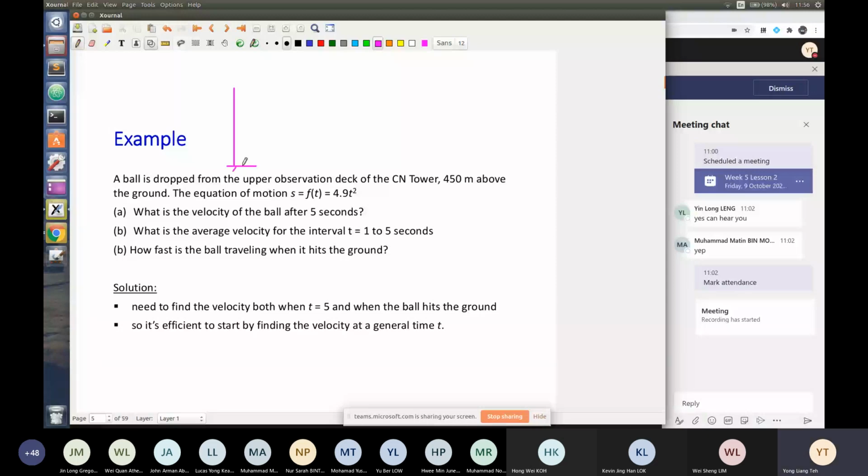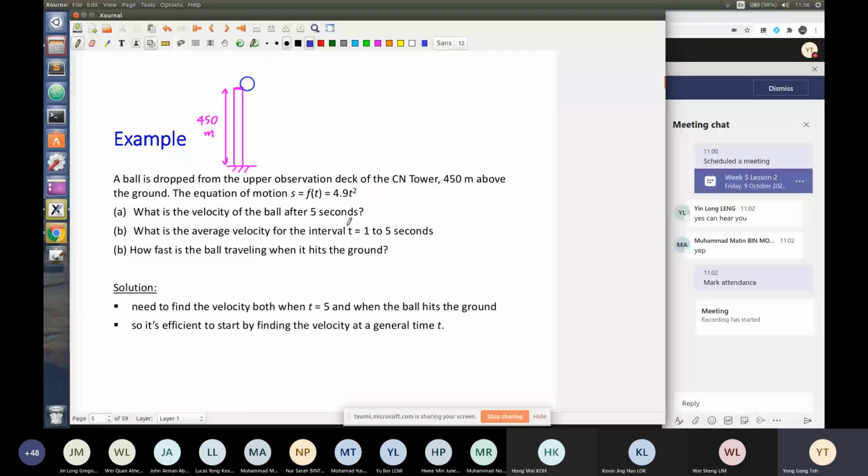This is our tower, and we have a ball that is dropped from the top, 450 meters up. So the equation of motion is 4.9 t squared.